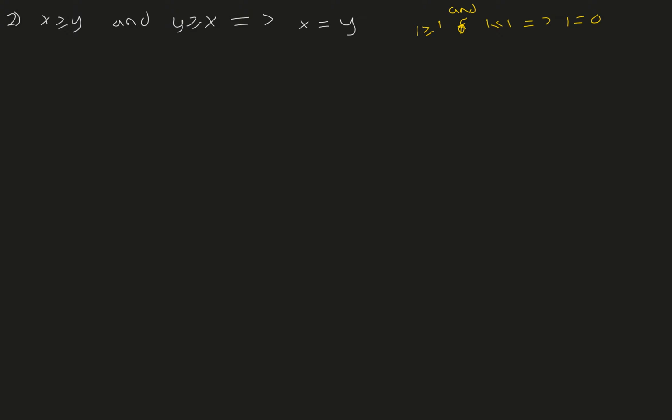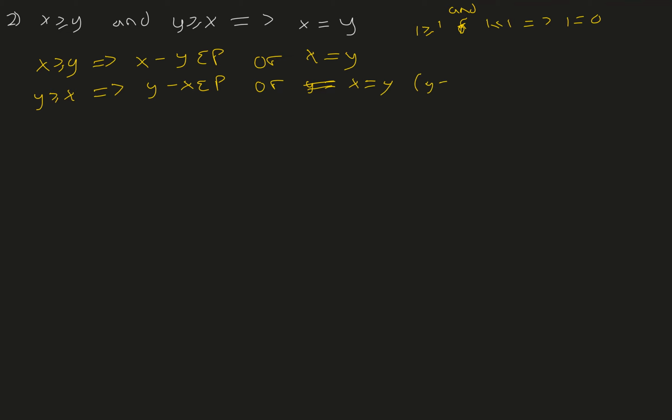So x is greater than or equal to y can also be written as x minus y is in P, or x equals y, and y being greater than or equal to x can be written as y minus x is in P, or x equals y, which is the same as y equals x.